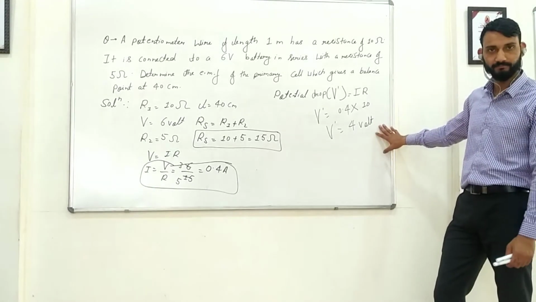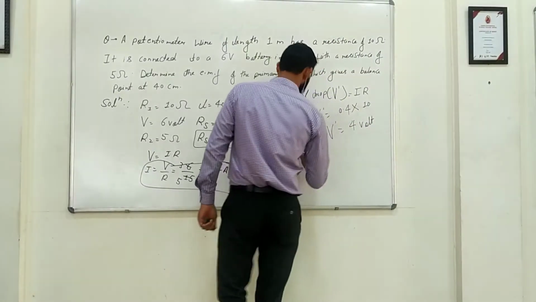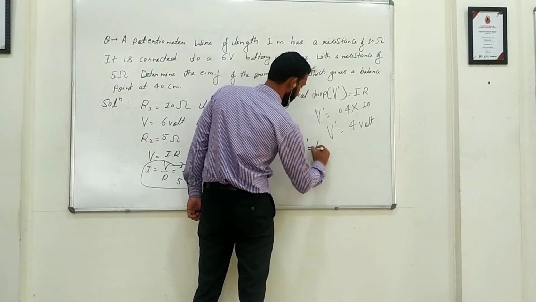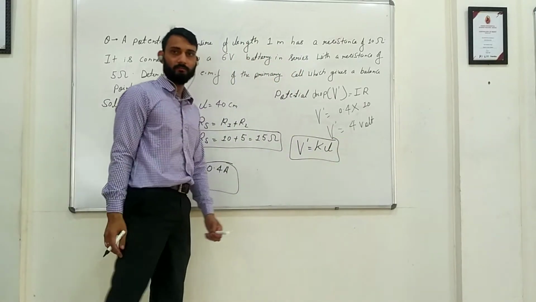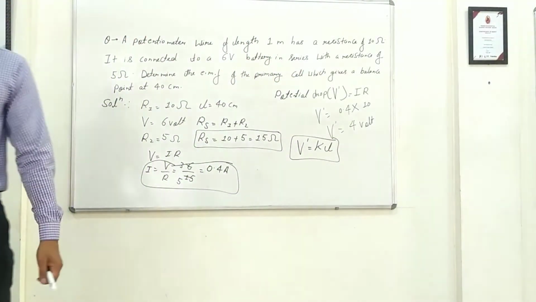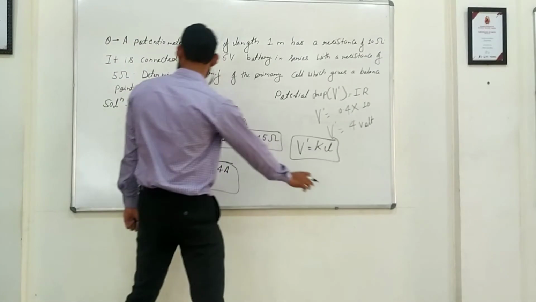We have calculated. Now what we have to do? Now you all know that this potential drop will be equal to K into L. What is K? K is the potential gradient. So I have to calculate the potential gradient. Length we already know.